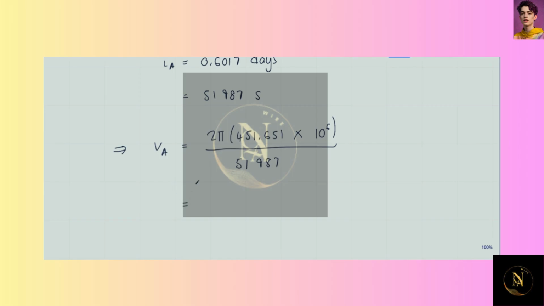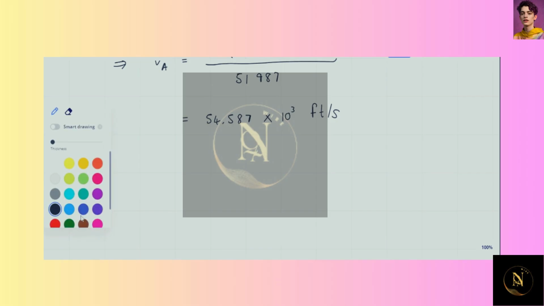And so we get the velocity of Atlas in its orbit to be 54.587 times 10 to the 3 feet per second. So that is the velocity of Atlas while it orbits Saturn.